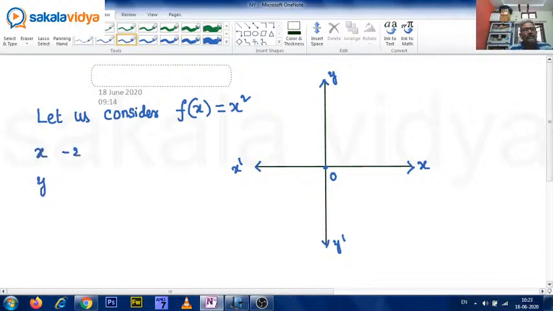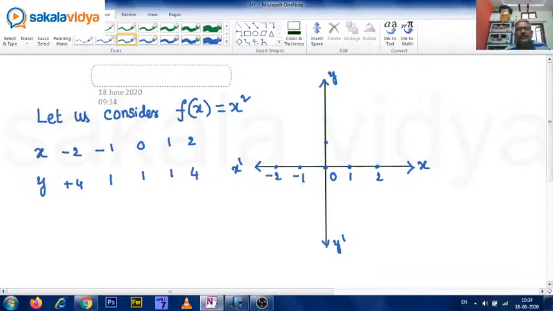For x equals minus 2, you will be getting 4. Minus 1, 1. 0, 0. 1, 1. 2, 4. Okay. So now say this is 1, this is 2. This will be minus 1, this will be minus 2.